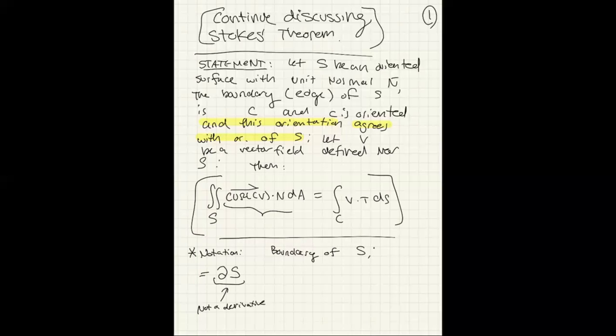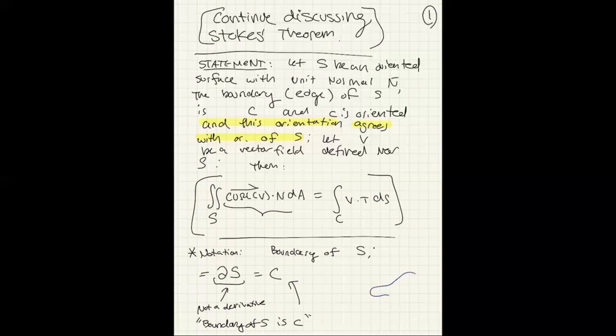It's telling you it's a shape. So we would say that the boundary of S is equal to C. That's how you read this. The boundary of S is C.